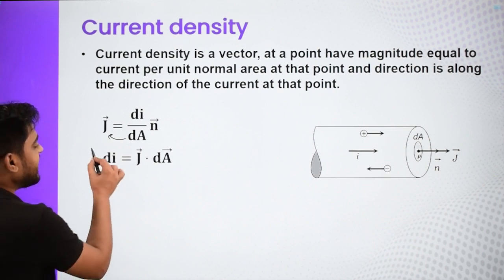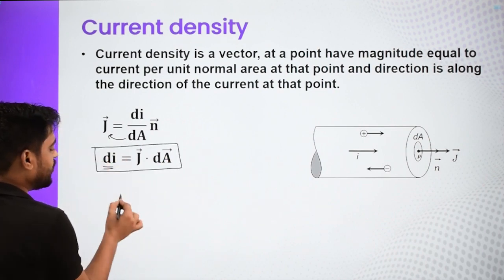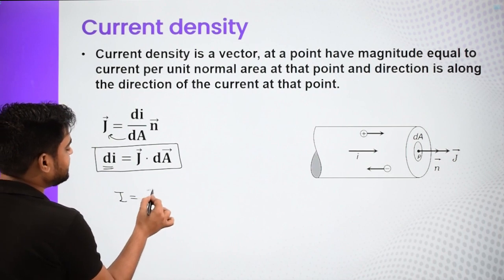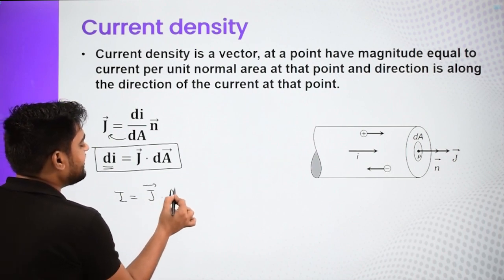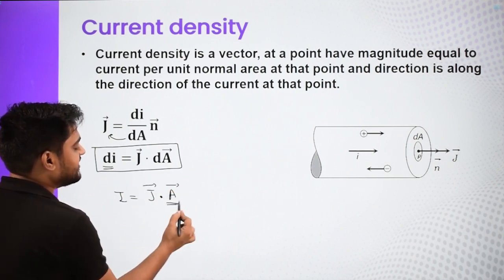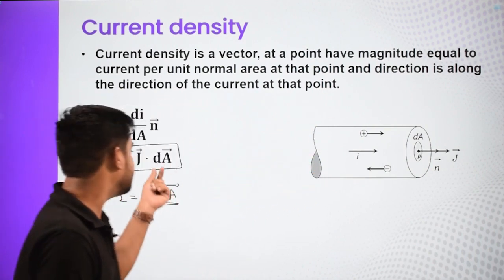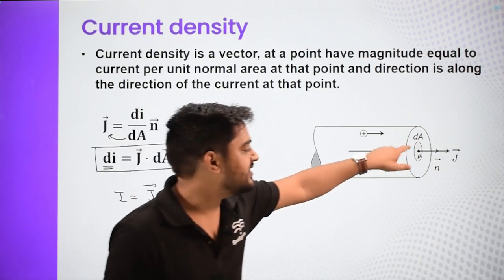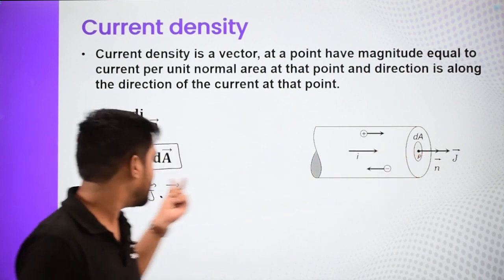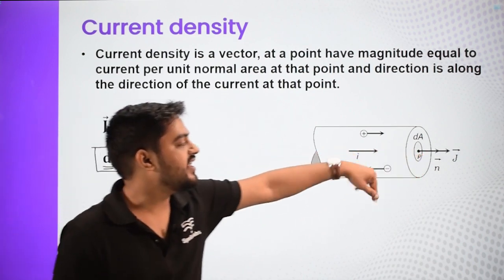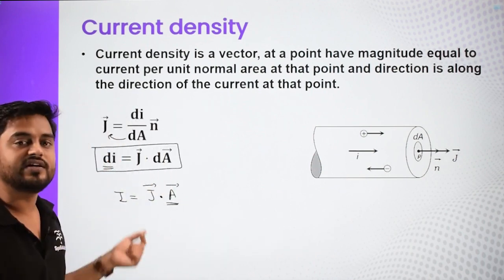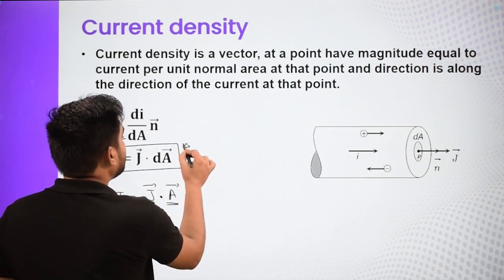If you want to get the total current, then the total current is basically J dot the entire area vector, and this area vector has the magnitude same as the entire cross section, while this has the magnitude of only this much. So through this region we are finding small current, through the entire area of cross section we are finding the total current. So this is how we define current density.